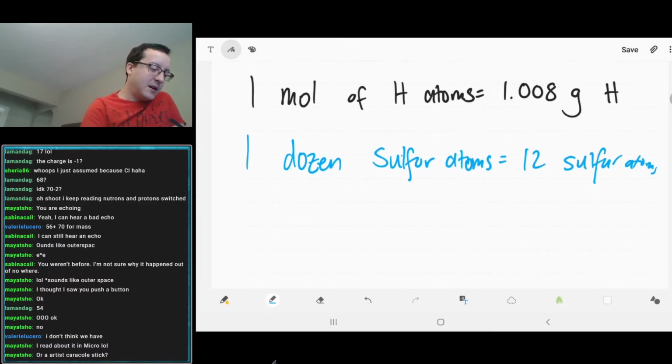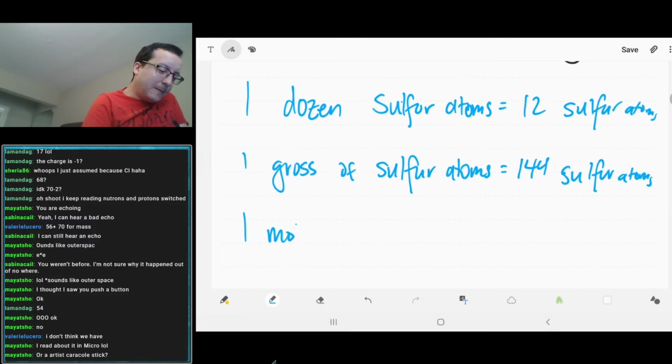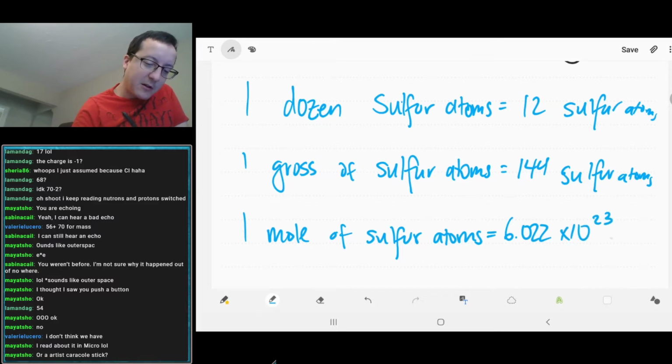Or 1 gross of sulfur atoms is 144 sulfur atoms. Same thing here: 1 mole of sulfur atoms is going to be equal to 6.022 times 10 to the 23rd sulfur atoms.